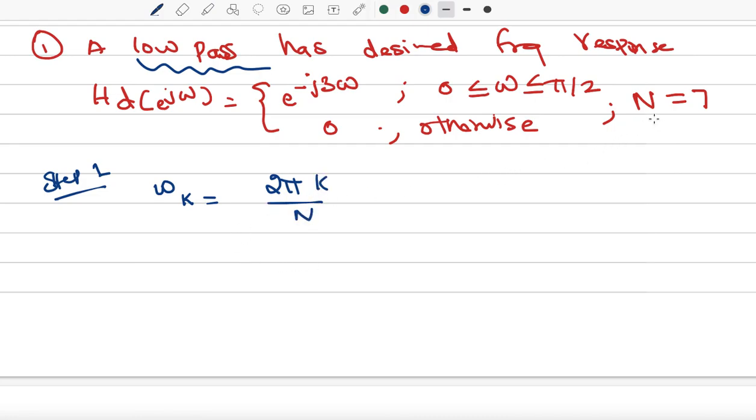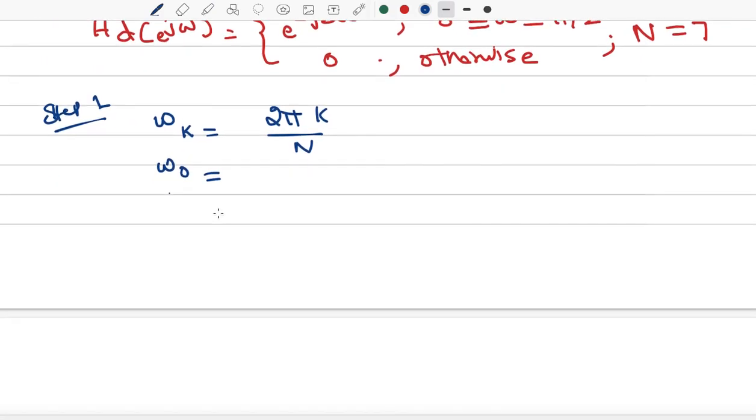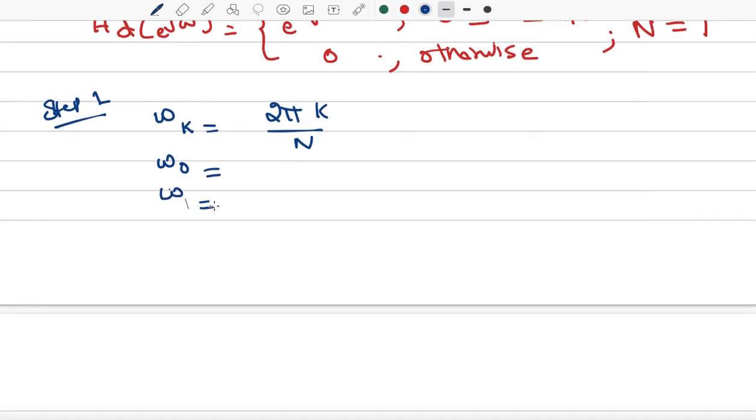Given N equal to 7, we need to find omega 0, omega 1, 2 up to omega 6. What is omega 0? 2 into pi into k, we substitute 0, by capital N, that is 7, that value will be equal to 0.